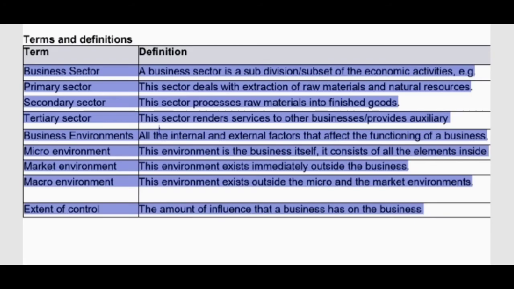Then let's move forward. Look at your screen. Secondary sector: this sector processes raw materials into finished goods. Remember at the primary sector we spoke about trees or wood for building the tables. When it comes to the secondary sector, they manufacture, they build the tables.